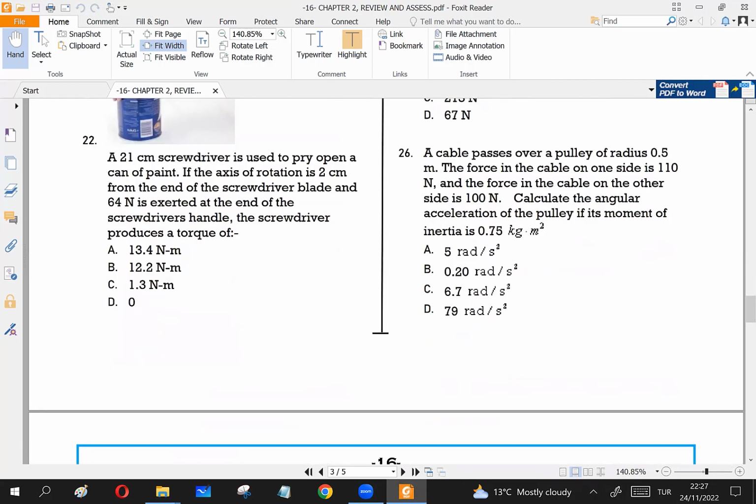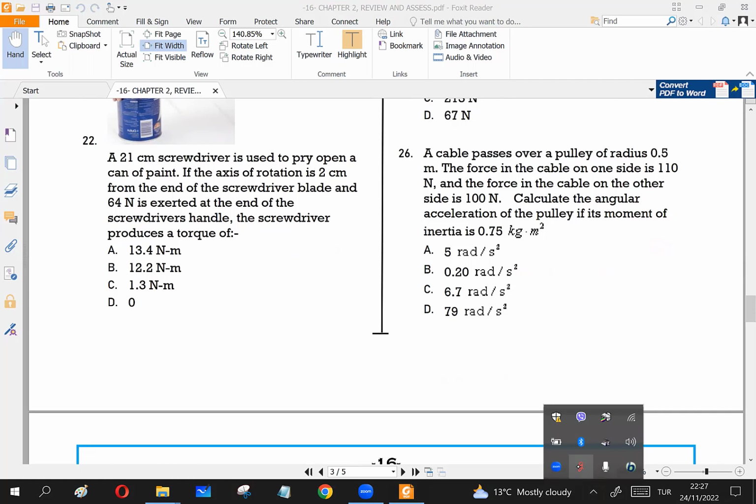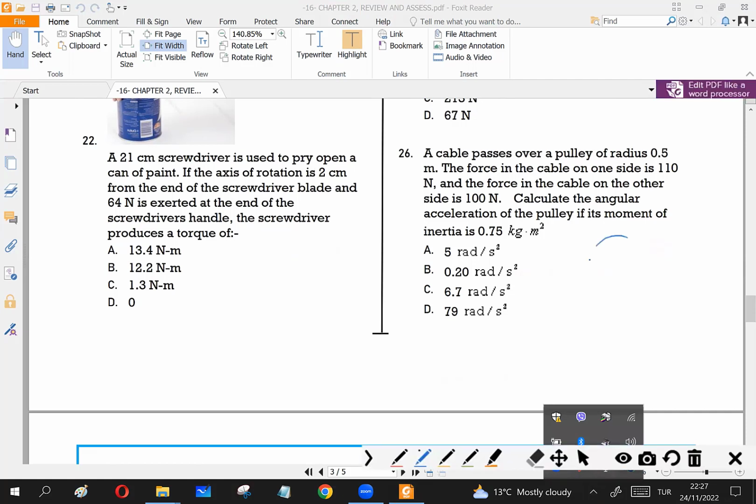Question number 26, a cable passes over a pulley of radius 0.5 meters. The force in the cable on one side is 110. The force in the cable on the other side is 100. Calculate the angular acceleration of the pulley if its moment of inertia is 0.75. Okay, the pulley is just like a disc. On one side you apply 110 Newton, on the other side you apply 100 Newton.